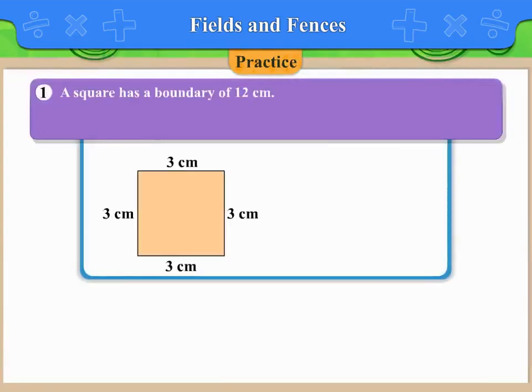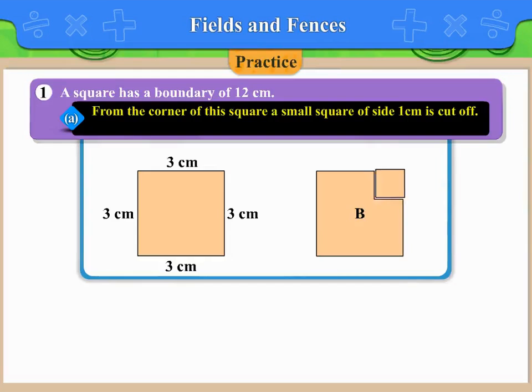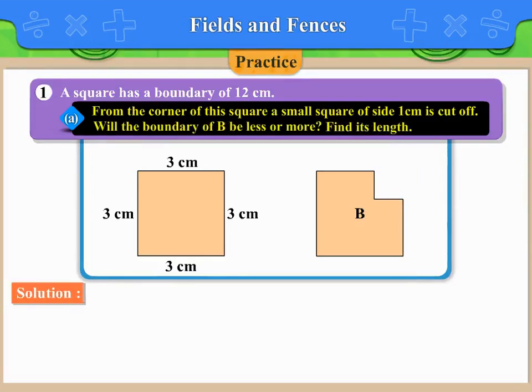Practice. Example. A square has a boundary of 12 centimeter. A. From the corner of the square, a small square of side 1 centimeter is cut off. Will the boundary of B be less or more? Find its length. Solution.